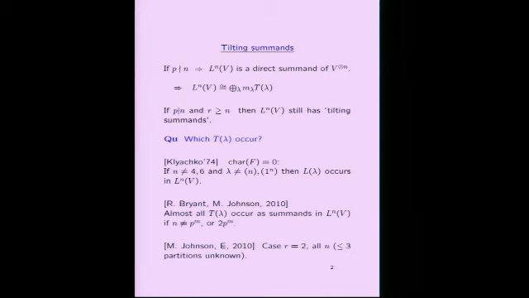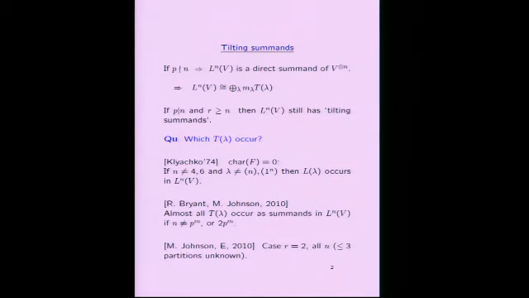I suppose we heard this morning that finding characters of tilting modules is a hard problem, so we won't be able to answer that, but we can ask which tilting modules occur.